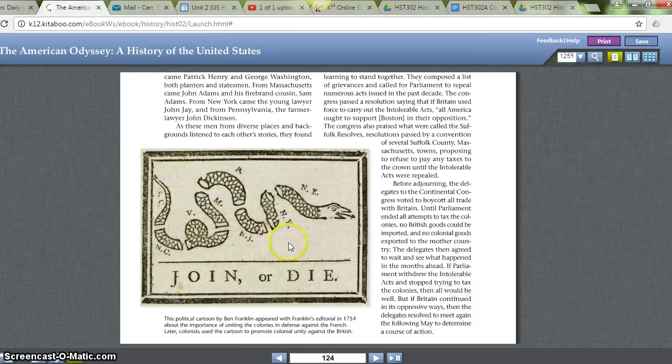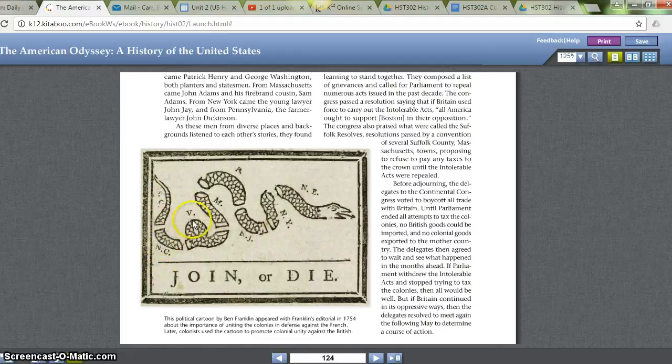And here's something I want to bring up to you because this is a pretty popular political cartoon called Join or Die. It says, this political cartoon by Ben Franklin appeared with Franklin's editorial in 1754 about the importance of uniting the colonies in defense against the French. Later, colonists used the cartoon to promote colonial unity against the British. So you see all the parts of the snake there are standing for the colonies.